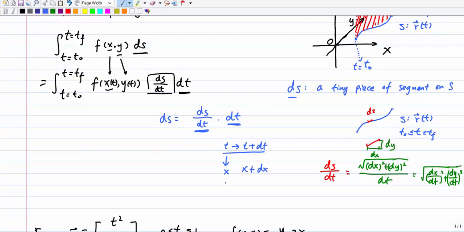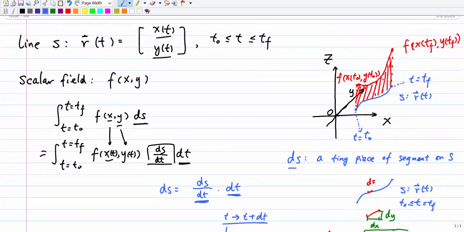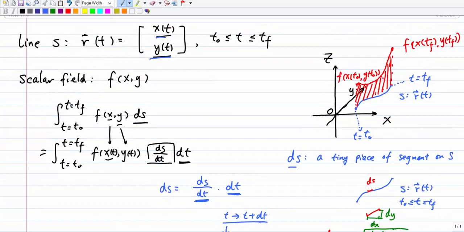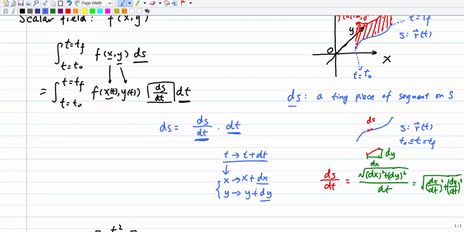We also change y to y plus dy. Now, how are dx and dy related to dt? They are defined by these functions over here. ds is a length, which is just the square root of dx squared plus dy squared. That's why ds over dt becomes the square root of dx squared plus dy squared.